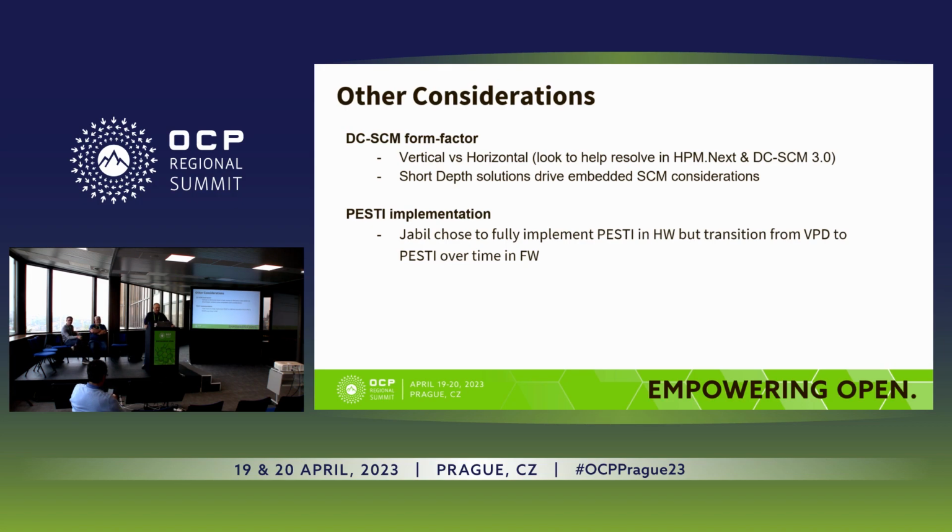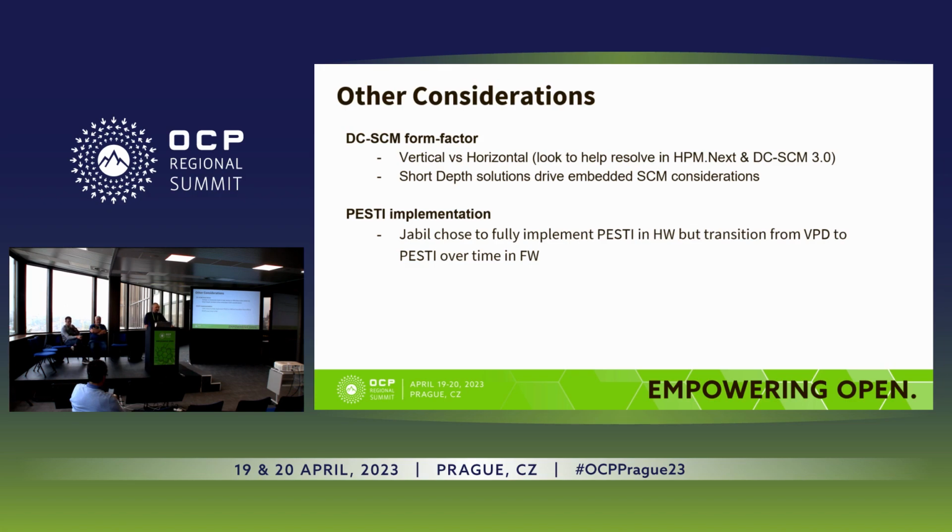Some of them require very short depth chassis, 300 millimeters maybe, but even at 400, 450 millimeters, the problem that we see is with a coplanar DCSEM and HPM, it's impossible to get to those short depths. And so we'll need to address that, and we're working on that at the MHS level to at least start thinking about that and see what we can do there for solutions.